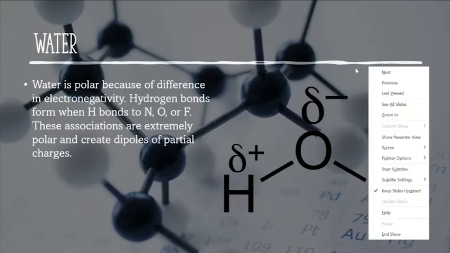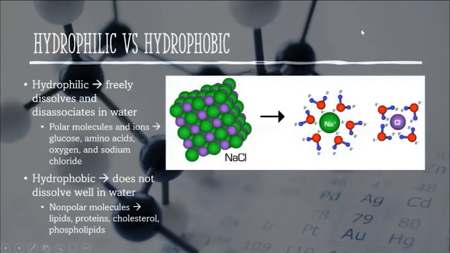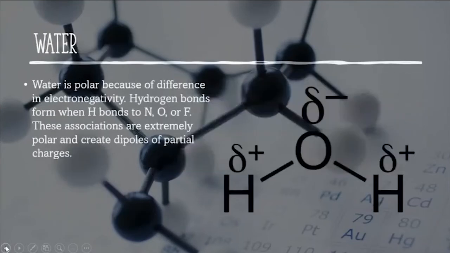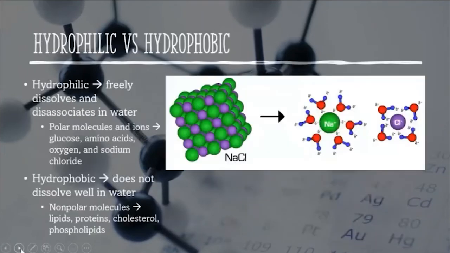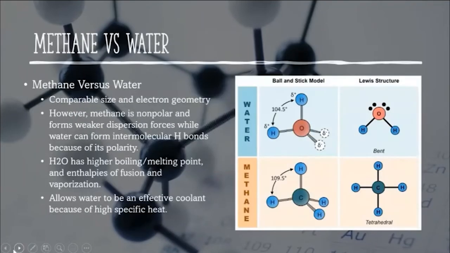So IB wants you to be able to compare water with methane. This is because water and methane have comparable size and electron geometry. Water itself has some lone pairs over here and methane doesn't, but they are similar in electron geometry and comparable in size because they're both tetrahedral and they have similar mass.